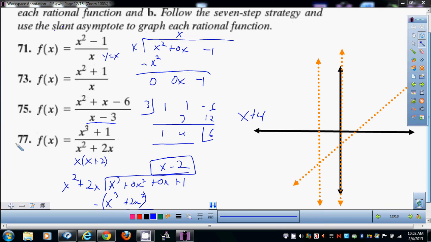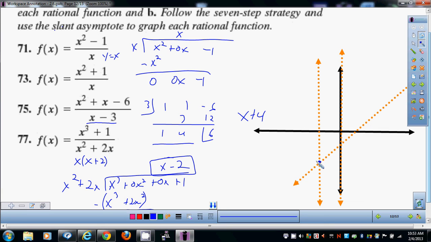This is where it kind of stinks not to be an accurate grapher. Now I'm not entirely sure what points these are. Let's see, this was what, negative 2? That makes this little intersection point, if x equals negative 2, negative 2, negative 4. If I plug in, what was this, negative 3? Negative 3 cubed is negative, plus 1 is negative 26.